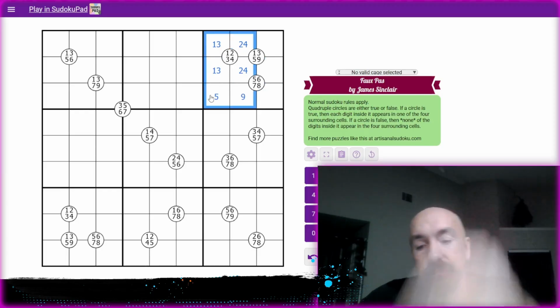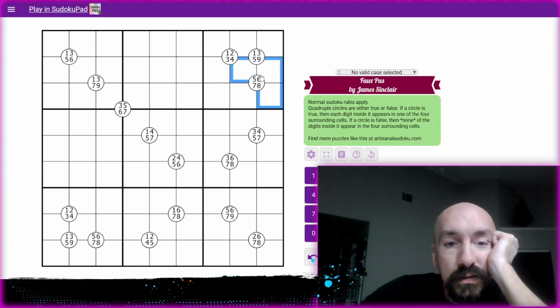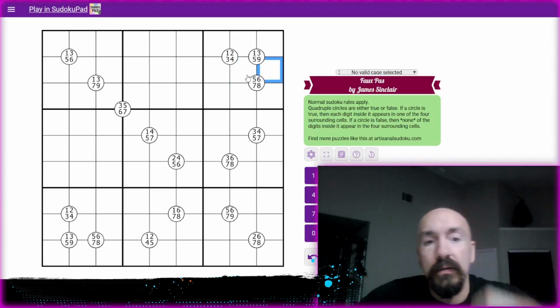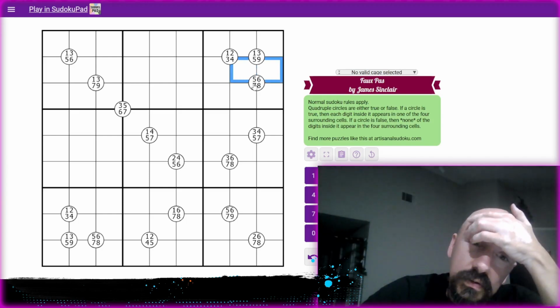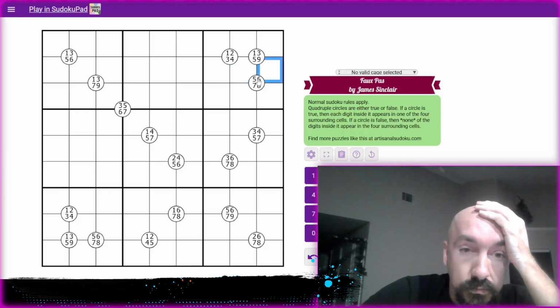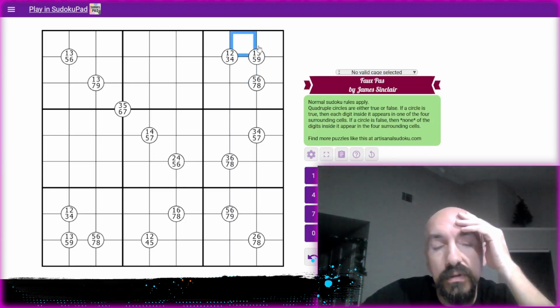Okay. And if one of these two is true, these two could not be 5s. So if only one of them is true, say this 1, 3, 5, 9 is true.